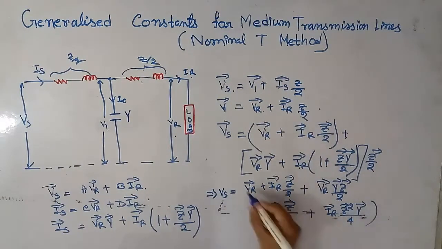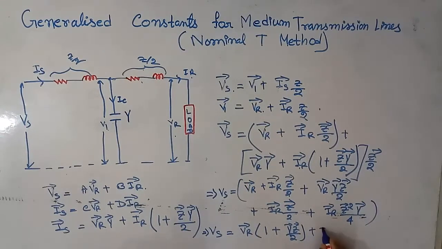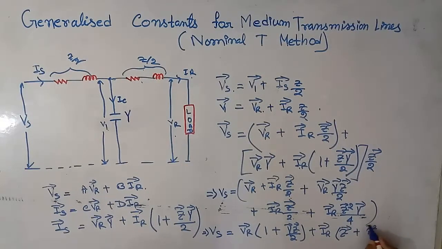Okay. Now solving this, Vs is equal to, if we take common VR, then 1 plus YZ by 2, and if we take common IR, Z by 2 plus Z by 2 is equal to IR Z plus Z square Y by 4.